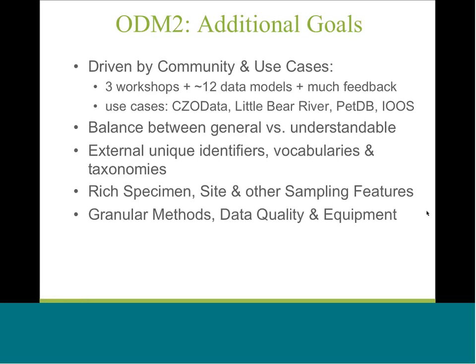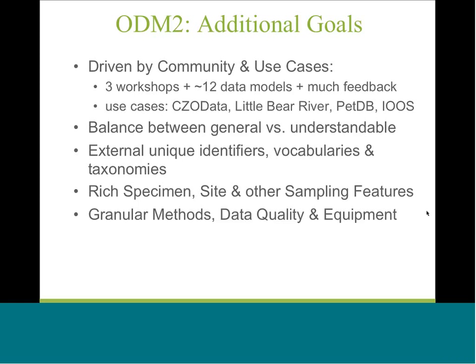We wanted to have granularity of methods. EPA and USGS ages ago, when they established their approaches, had really high-level methods that concatenated information about sampling procedures, about preparation procedures for specimens, about high-level analytical procedures and relatively low-level instrument methods.